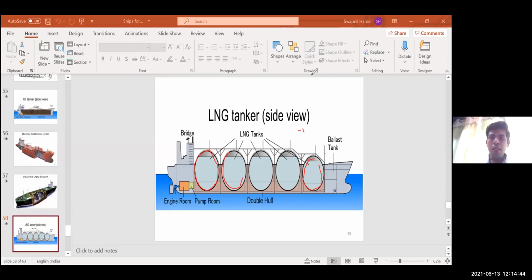Minus 175, yeah. Within LNG tankers there are various types: semi-pressurized, fully pressurized, and so on.